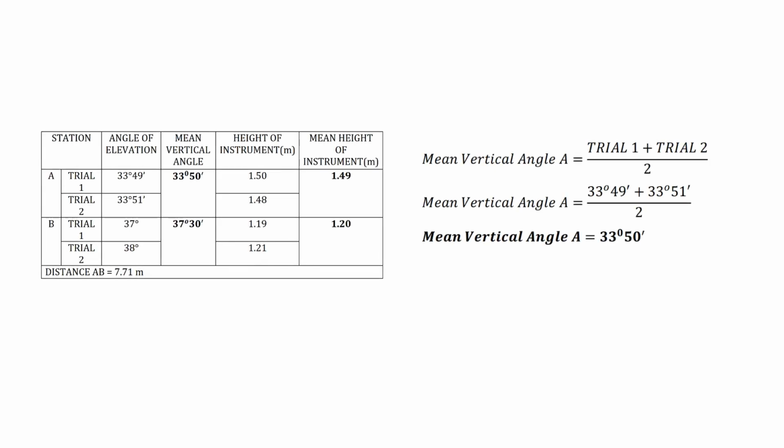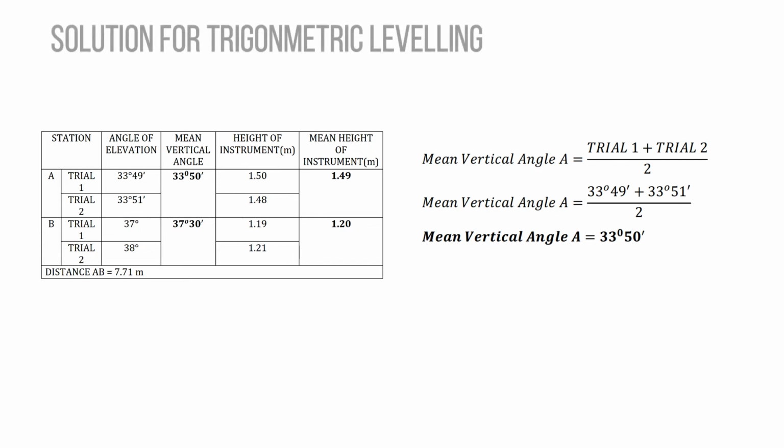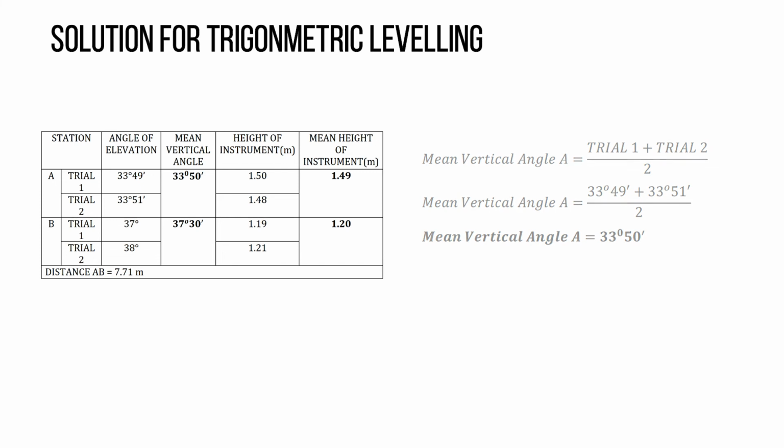For the solution, we have to perform first the things required in the table. To attain the mean vertical angle A, we simply add trial 1 and trial 2 and divide by 2. Therefore, by substituting the data, mean vertical angle A is equal to 33 degrees 49 minutes plus 33 degrees 51 minutes over 2. That yields the answer 33 degrees 50 minutes.